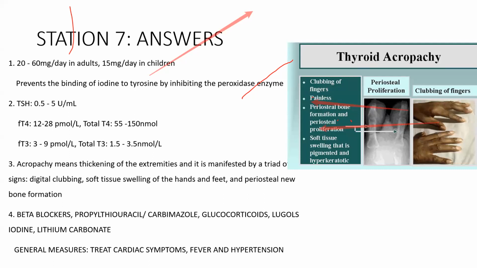What exactly neomercazole does is it prevents the binding of iodine to tyrosine. The iodination of the tyrosine residue is prevented, and that is happening because of the inhibition of the peroxidase enzymes. So you should know the dosage and the mechanism.